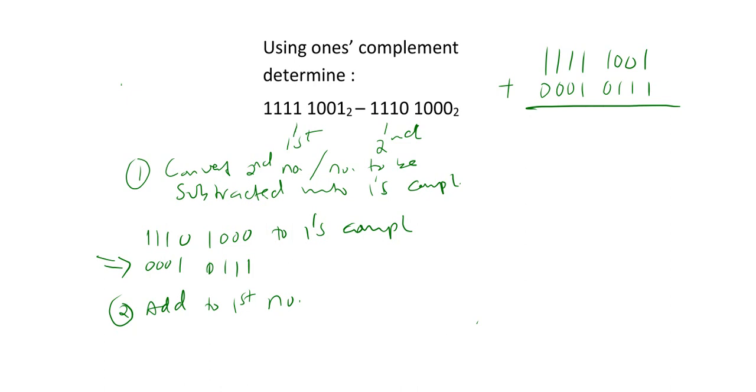So in this case, we have 1 plus 1, we get a 0 and we carry 1. So 1 plus 0 plus 1, we have 0, carry 1. We are again going to get 0, carry 1. This one also will be a 0, carry 1. When you take 1 plus 1, we get 0, carry 1.